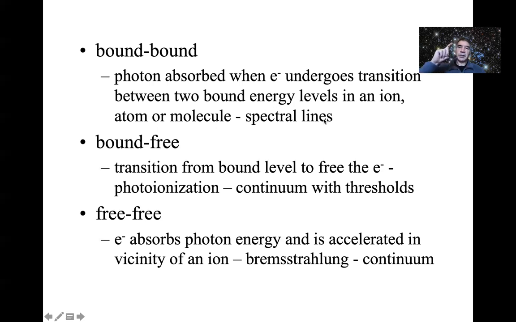So it's the difference between two energy levels that corresponds to a particular wavelength or frequency of a photon. And therefore, if you start absorbing all the photons at a particular wavelength, then you get an absorption line in your spectrum, because those photons with those particular wavelengths have been removed.